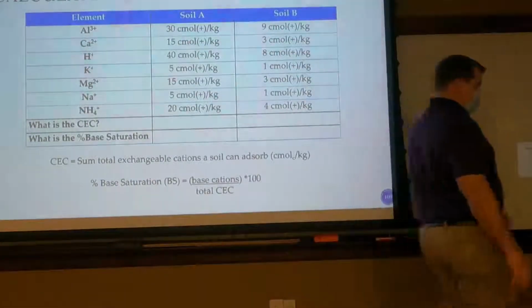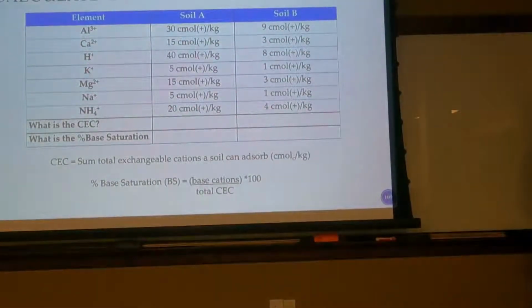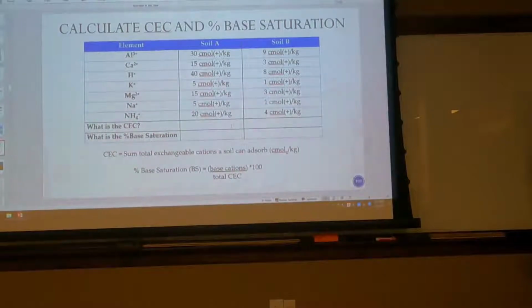So for soil A, the CEC is 130 centimoles of charge per kilogram.